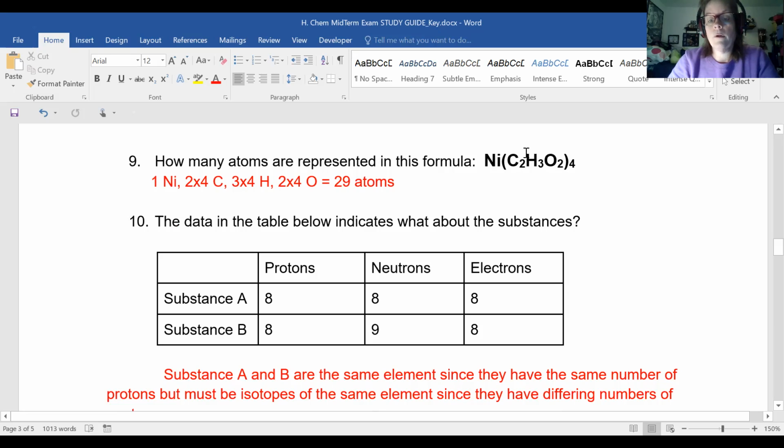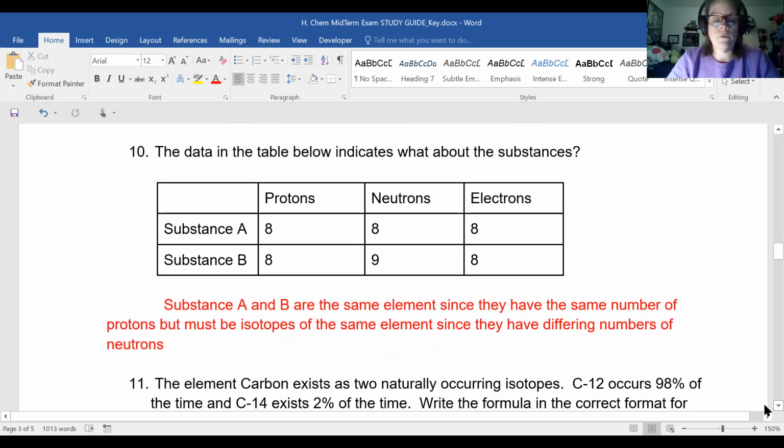We have 4 molecules of C2H3O2. So we have to multiply these numbers inside the brackets times the 4, which is why I have carbon: 2 times 4, hydrogen is 3 times 4, and oxygen is 2 times 4. When you do the math, you end up with 8, 12, 8, and 1. Add all those together, and there are a total of 29 atoms in that formula.